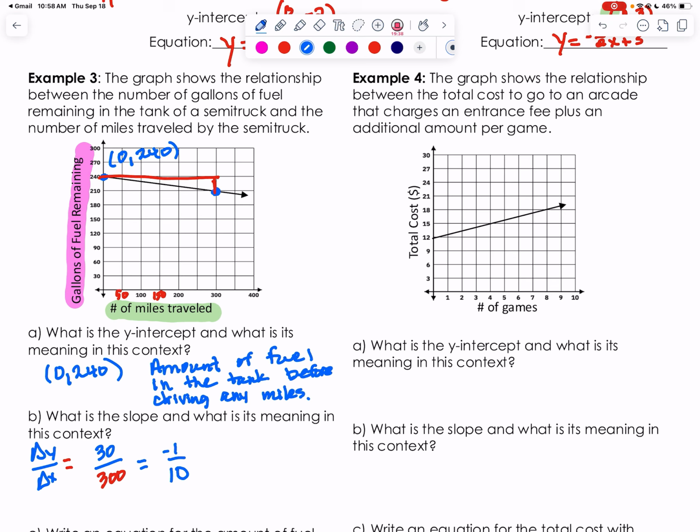So that means the fuel is decreasing because it's negative at a rate of 1/10 gallon per mile.